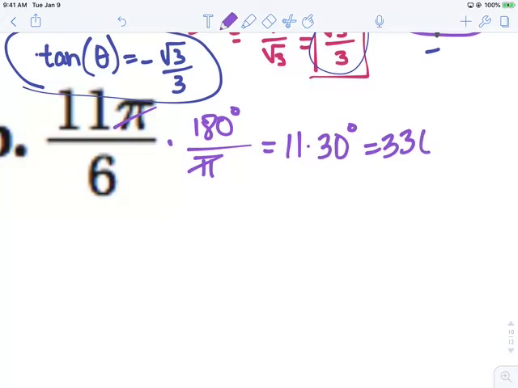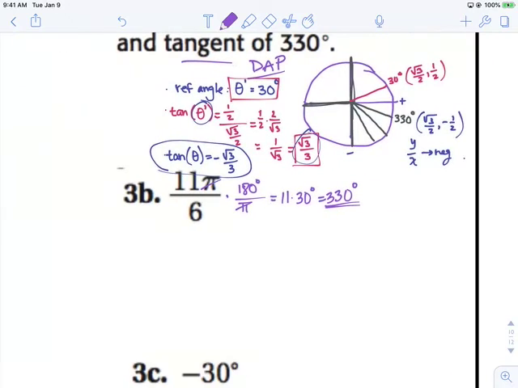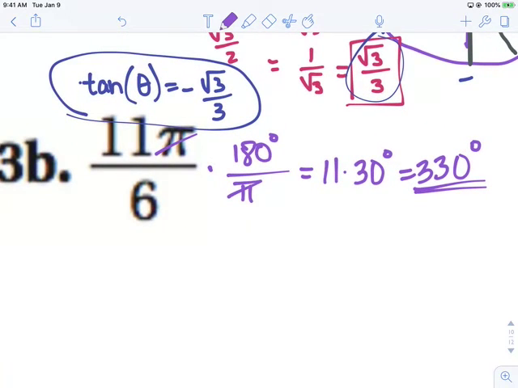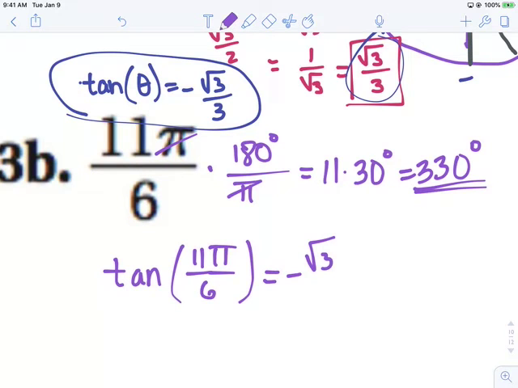Oh, look at this, that's nice. We wanted to know tangent of that, and we just did that right above. 11 pi over 6 is exactly what we just found, just in a different form, radians.